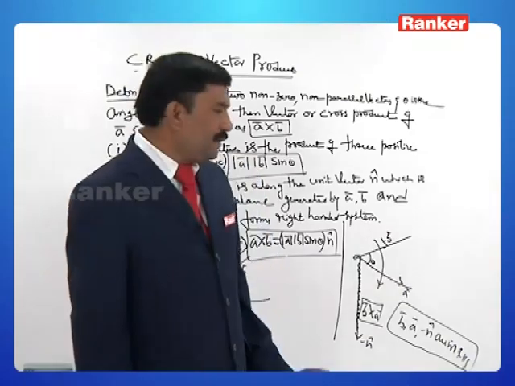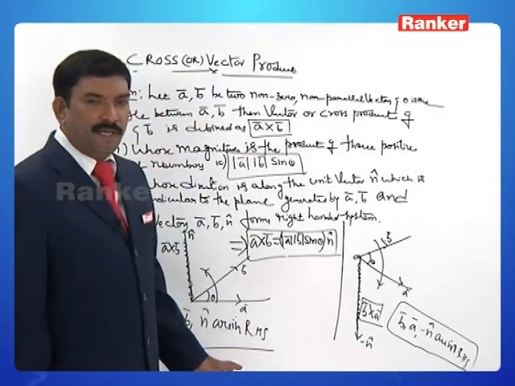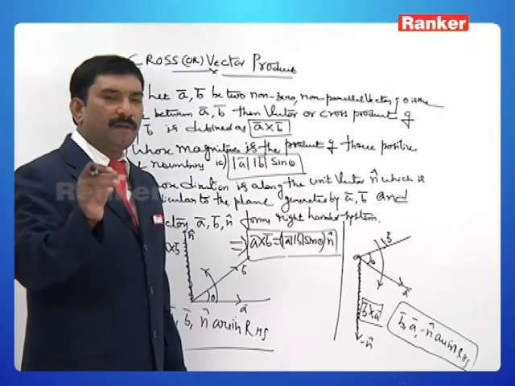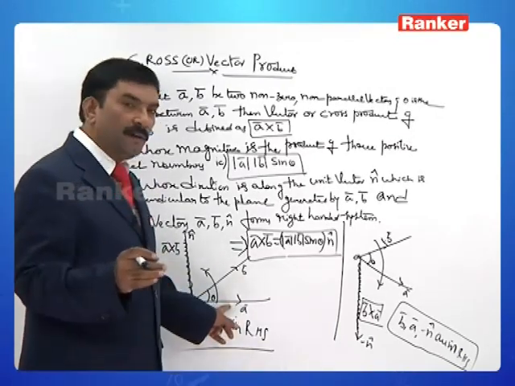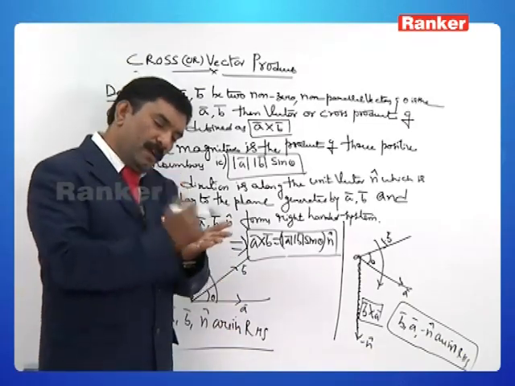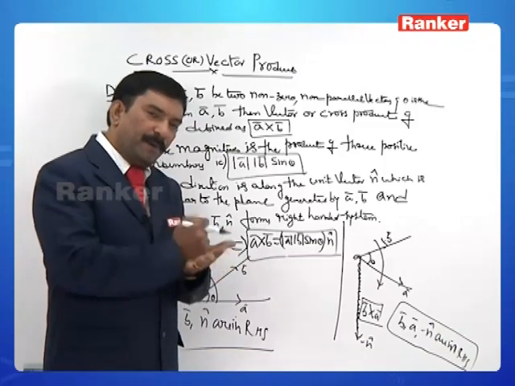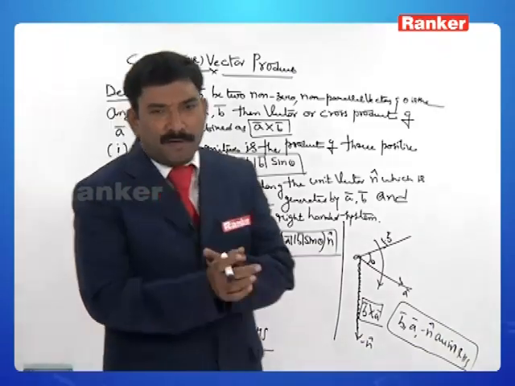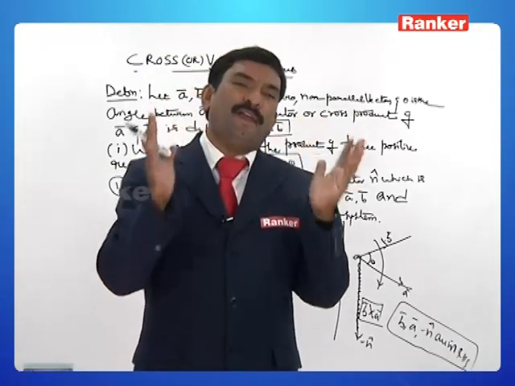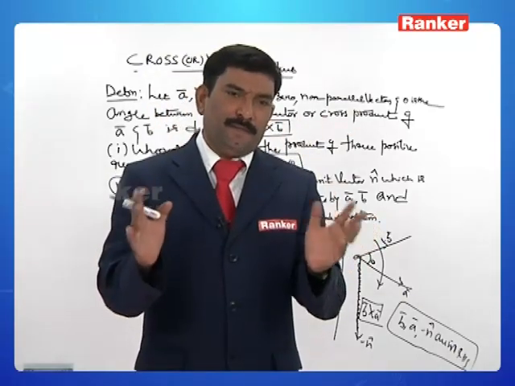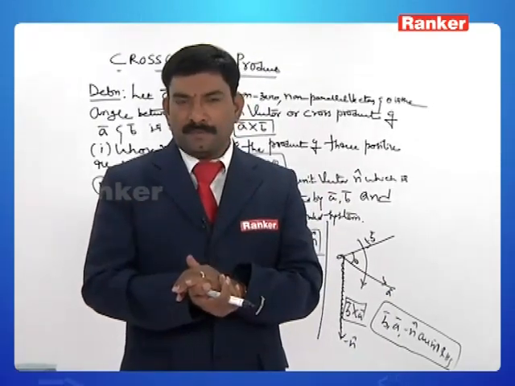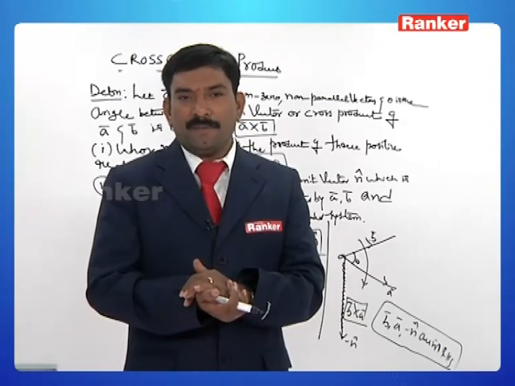Followed? So this is the concept of what? A cross B is a vector which is perpendicular to the plane containing A bar and B bar. When A cross B is the vector perpendicular to the plane containing A bar and B bar, how many vectors are perpendicular to the plane?